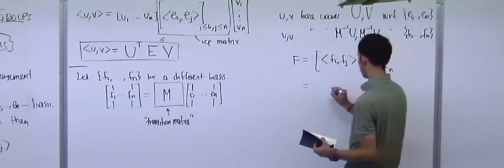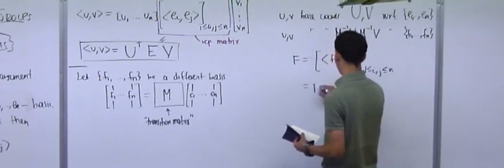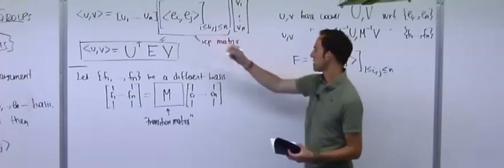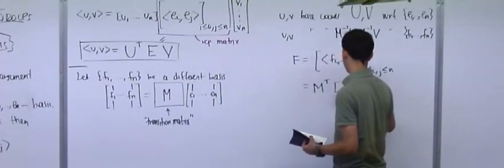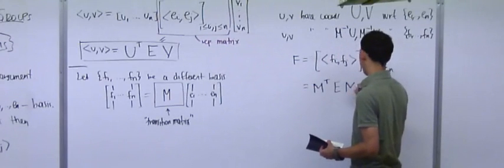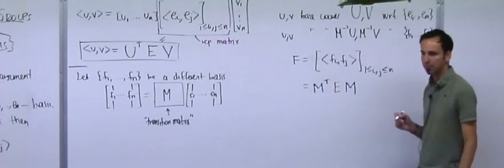It's going to be just the old matrix that you had multiplied on the left by M transpose and multiplied on the right by M. Okay.